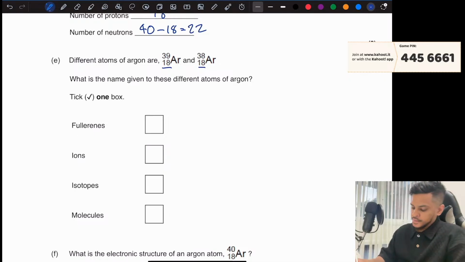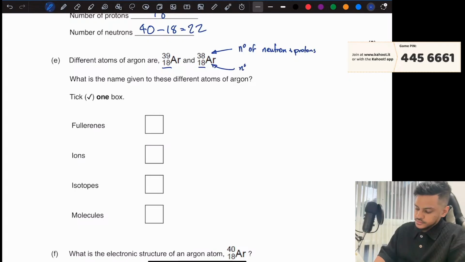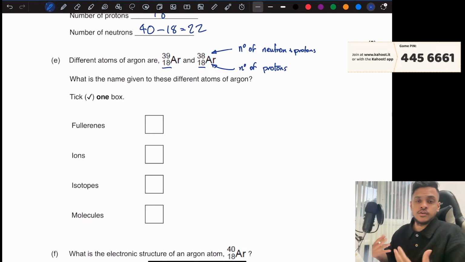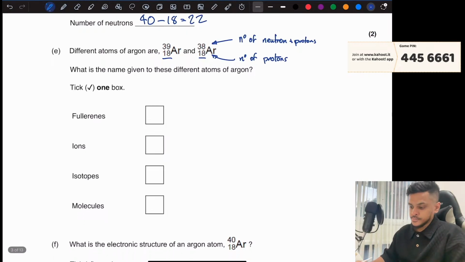So remember, the top number tells you the number of neutrons plus protons. The bottom number tells you the number of protons, which you can say is the number of electrons because they should be equal. Overall charge of an atom needs to be neutral, isn't it?